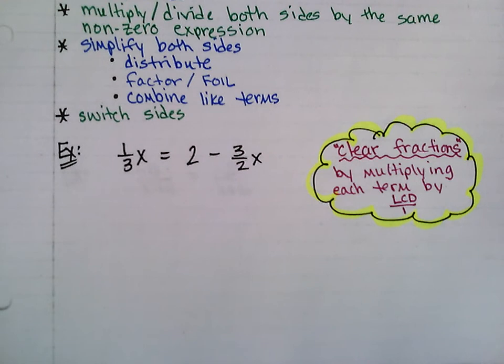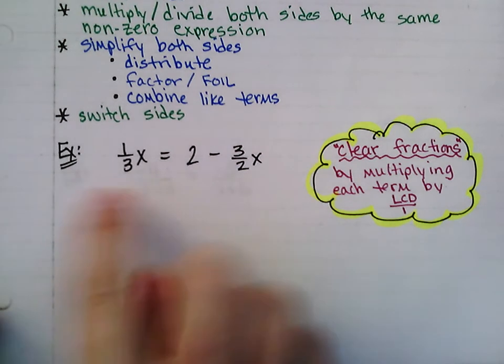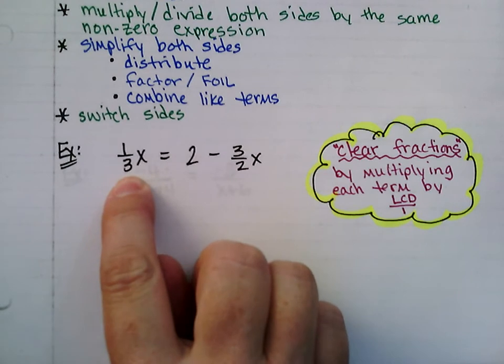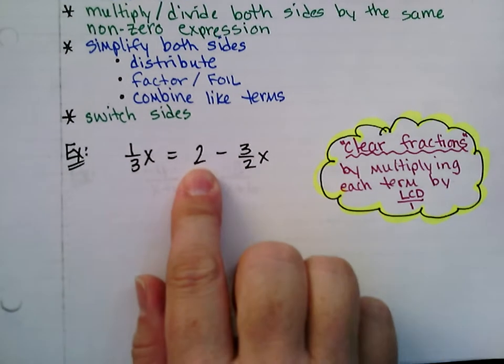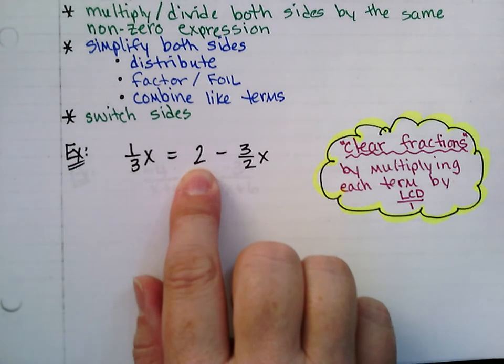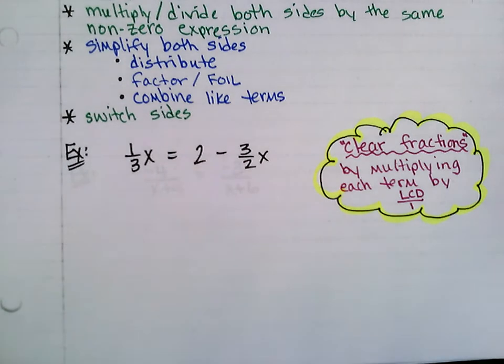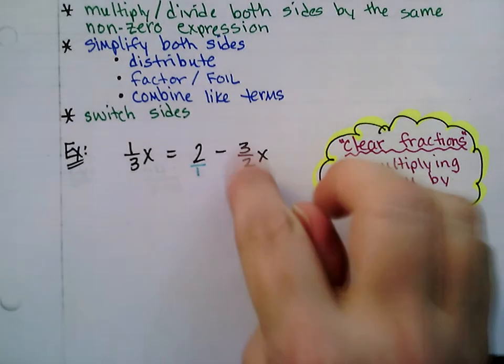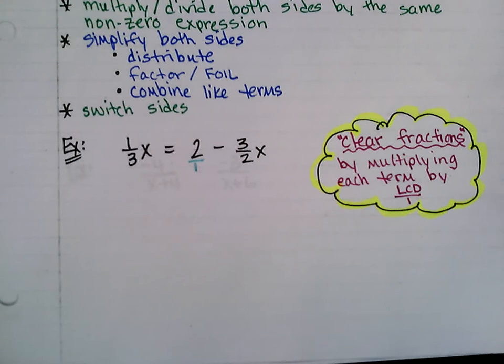So I'm thinking about the LCD of my fractions. I have 1/3, so that denominator is 3. The number 2 actually has a denominator. It's just not written. It's 2 over 1. And then 3/2, of course, has a denominator of 2.